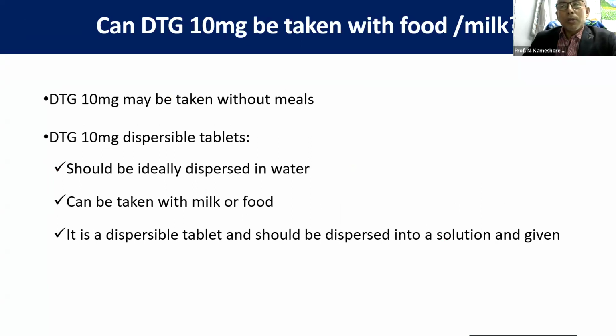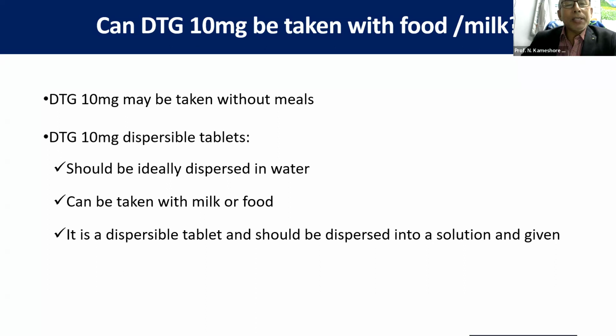So we should know whether this DTG 10 milligram tablet can be taken with food or meal. Yes, this can be given with food, with meal, and also can be given without meal. If you are giving with water, it should be ideally dispersed in water, or can be given with food or milk.